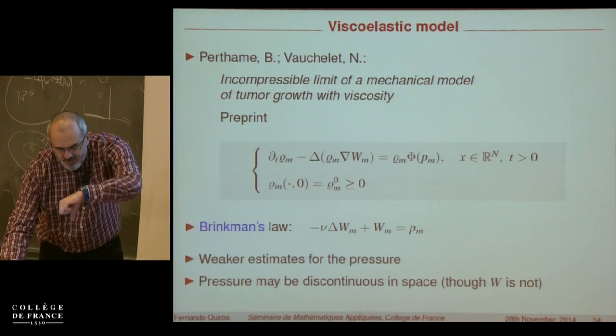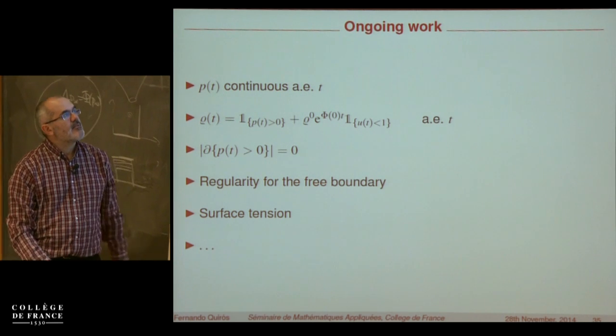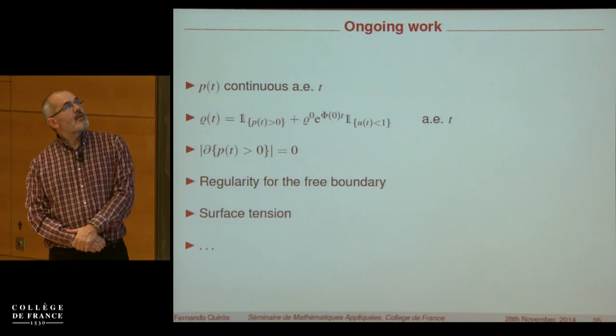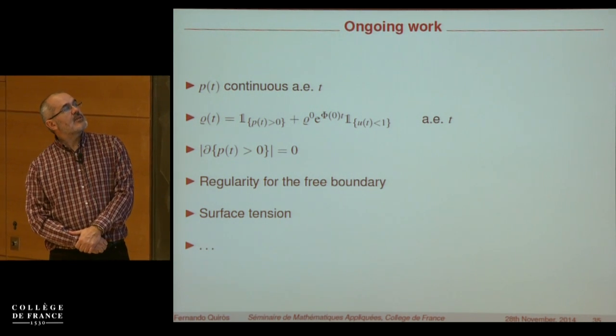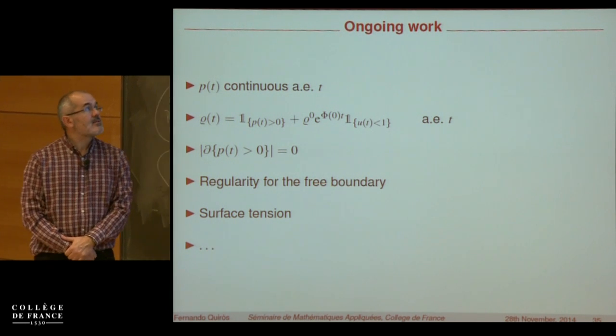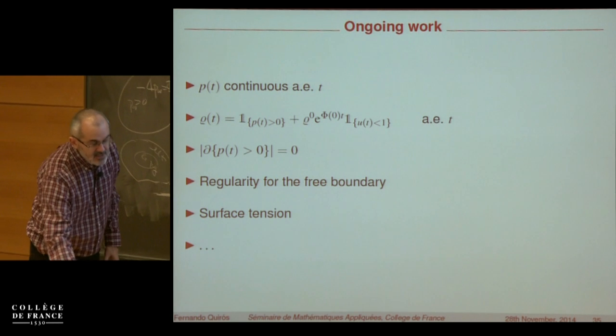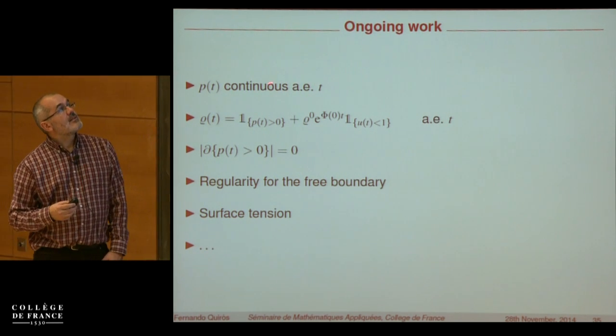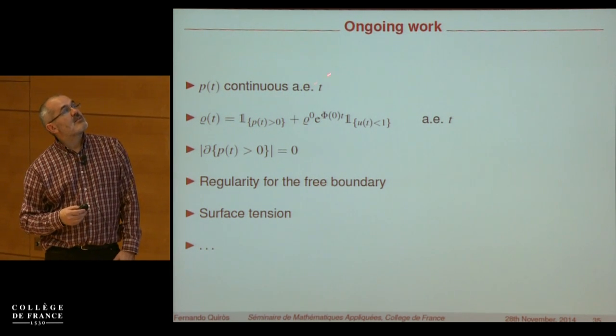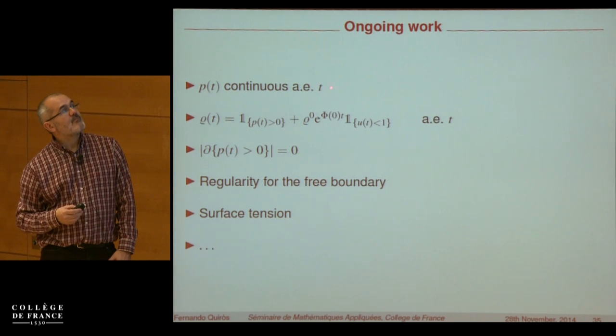And my final slide; we are still working on this. In fact, I came this week to work on this with Benoît Perthame and some other people like Antoine Mellet. The next step is proving that P is continuous in space for almost every time.